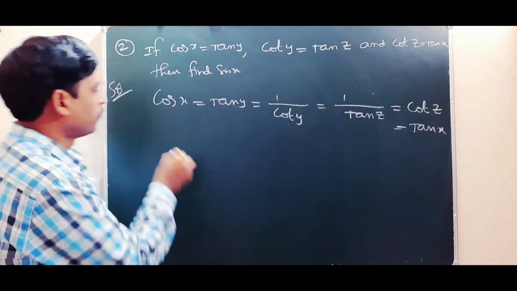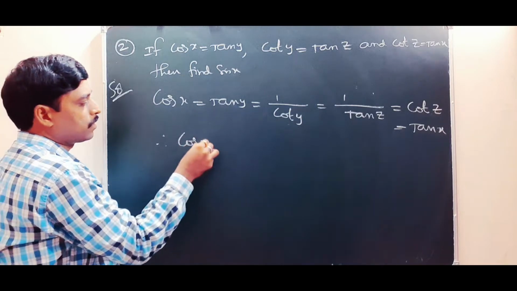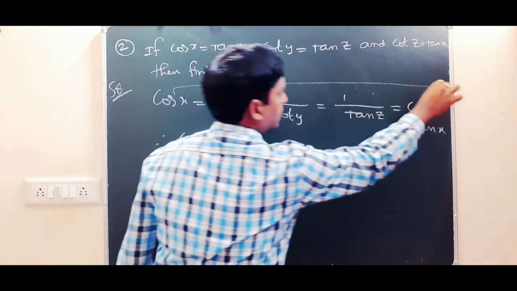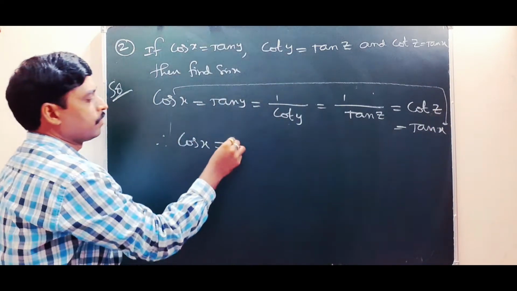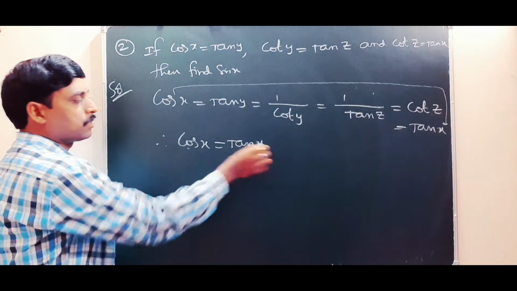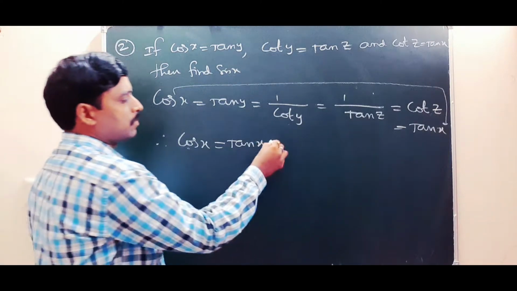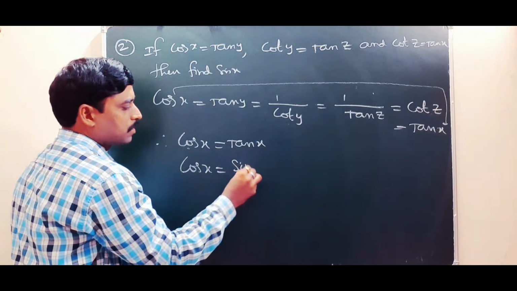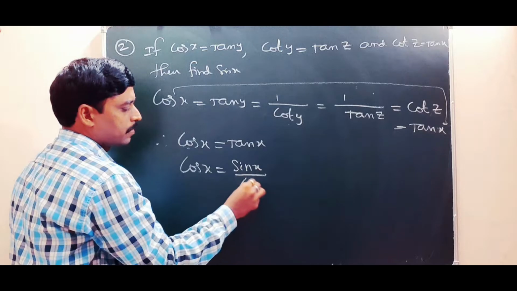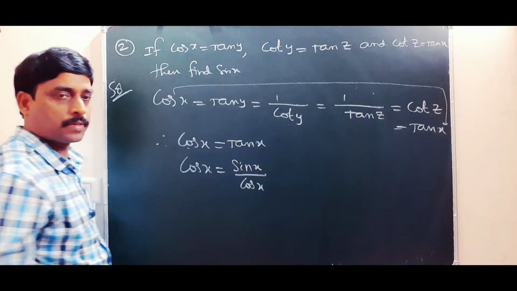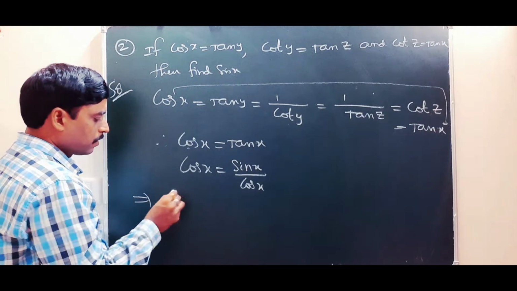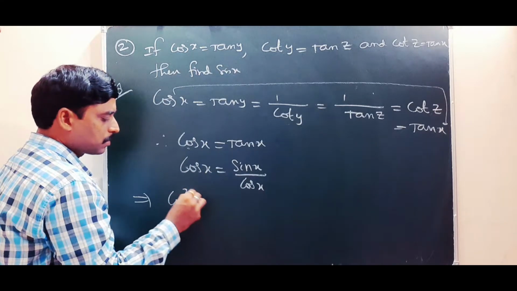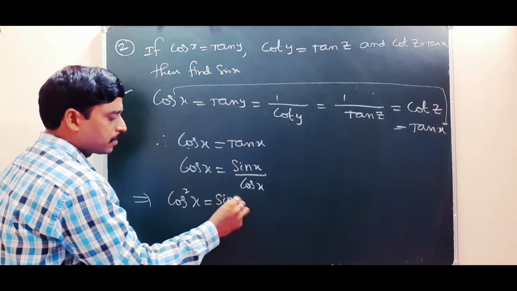Okay, therefore cos x is equal to tan x. We have got cos x is equal to tan x. So tan x can be written as sin x by cos x, right? So tan x formula is sin x by cos x. So let us do cross multiplication. Cos x into cos x, cos square x is equal to sin x.